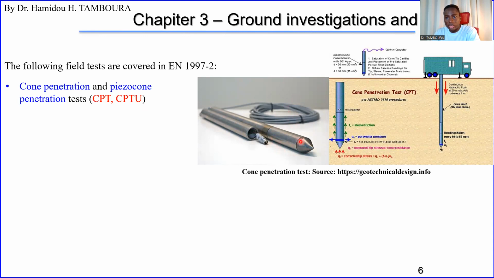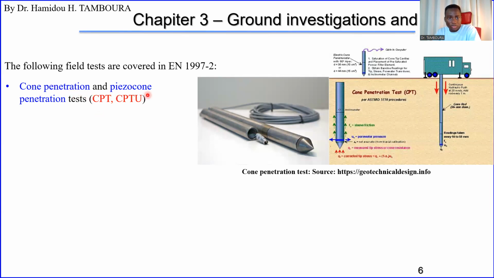The cone is here, and the test will give you the friction fs and qc, the cone tip stress. And from these values you can obtain more information about soil parameters.